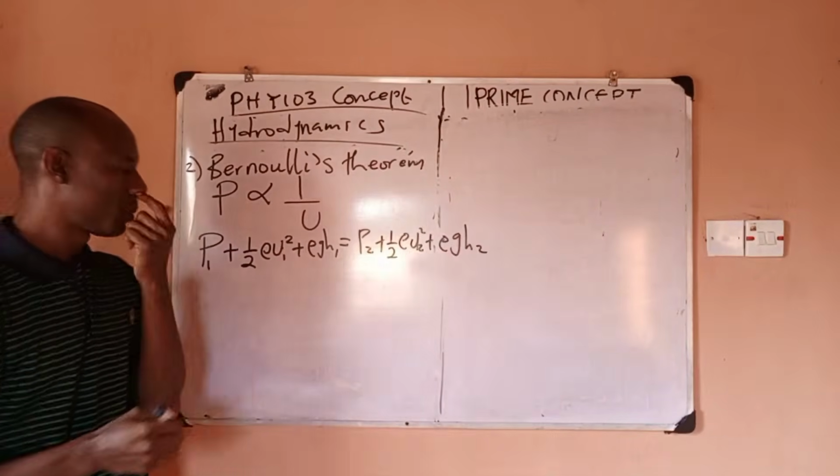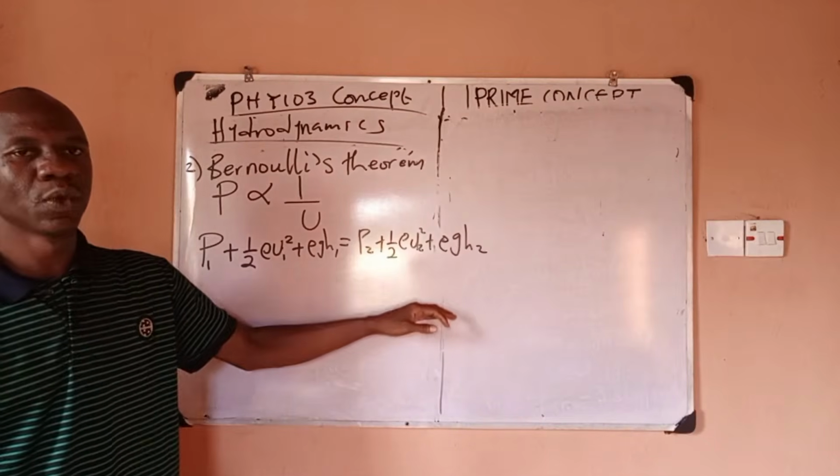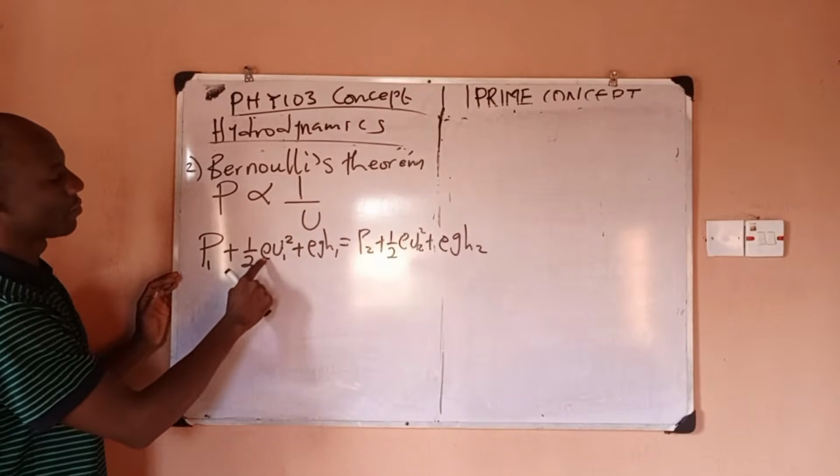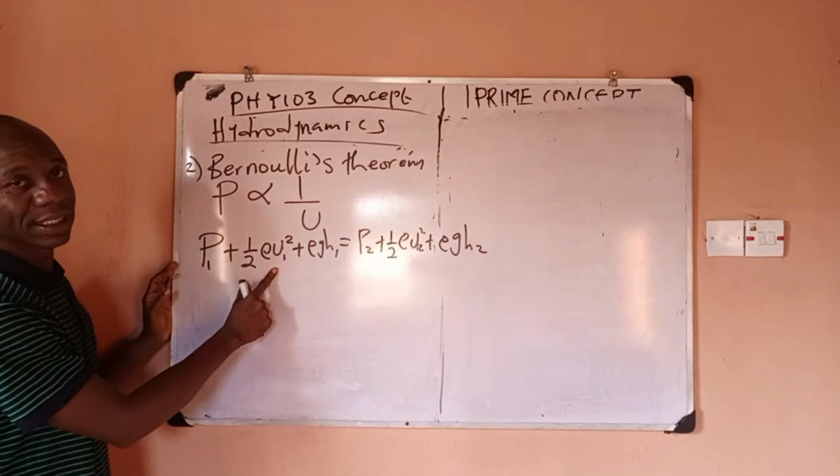So this is Bernoulli's equation. Of course, it looks long, but same thing you are repeating. This half rho u squared is actually kinetic energy.